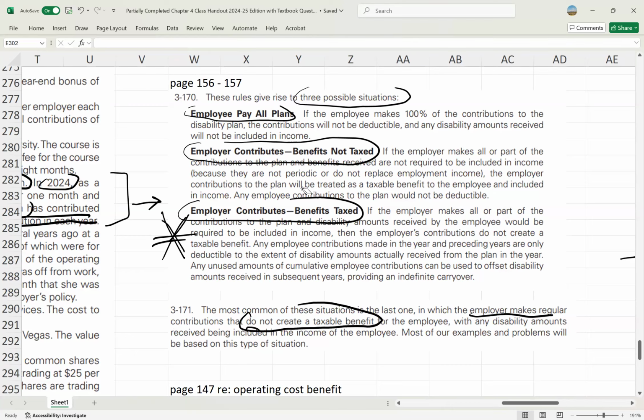However, if the employee receives any disability amounts, that will be included in the employee's income. So if the employee never goes on disability, then the amount that the employer pays as a premium is not a taxable benefit, but at least they're covered.